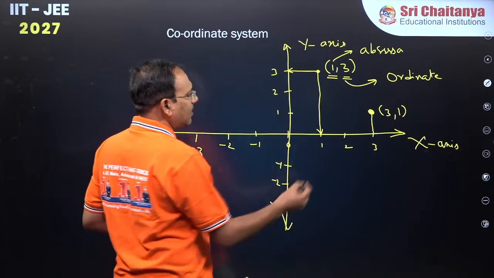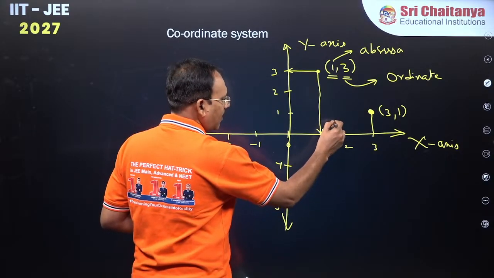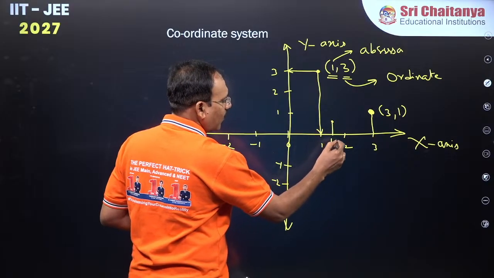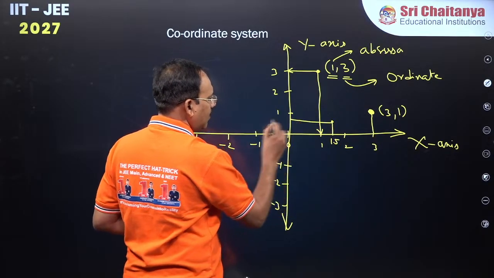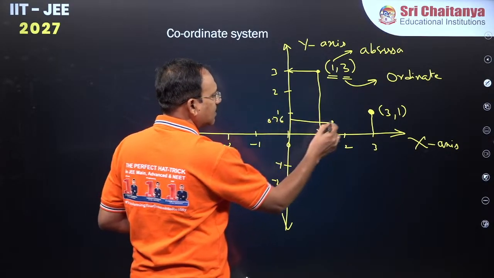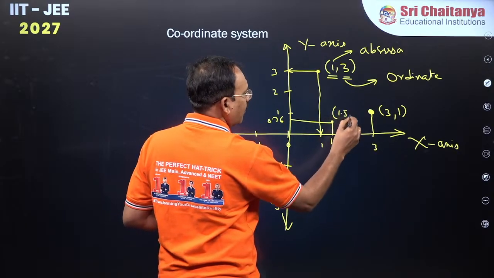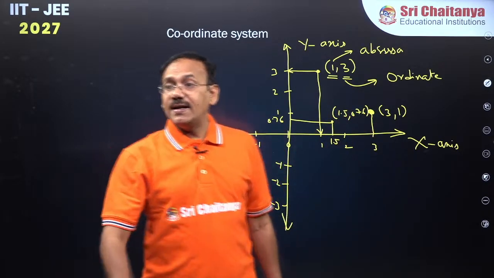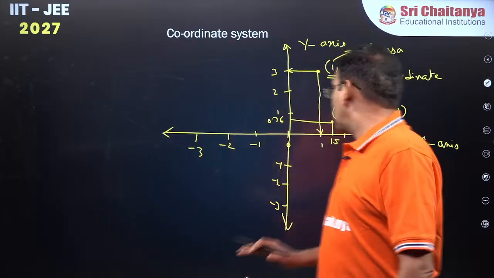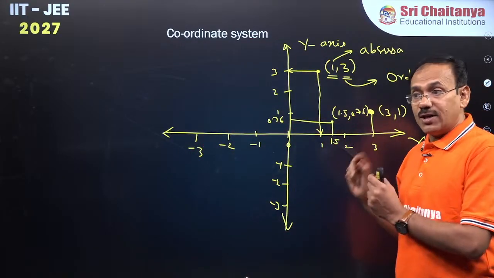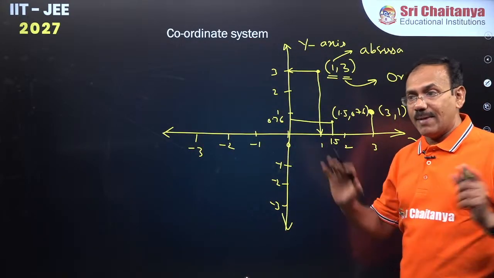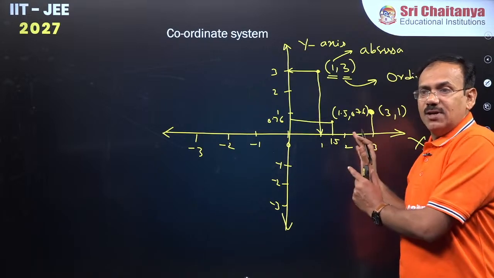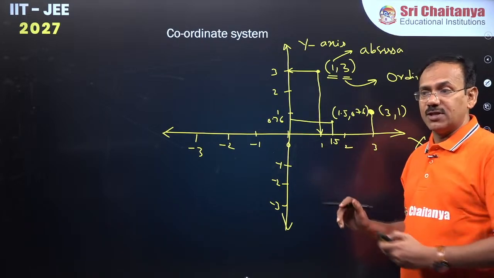For example, if you want to name another point, maybe here 1.5, maybe here 0.76, its name is (1.5, 0.76). Clear everyone? I think everybody is clear about naming a point by denoting the ordered pair in the xy plane.